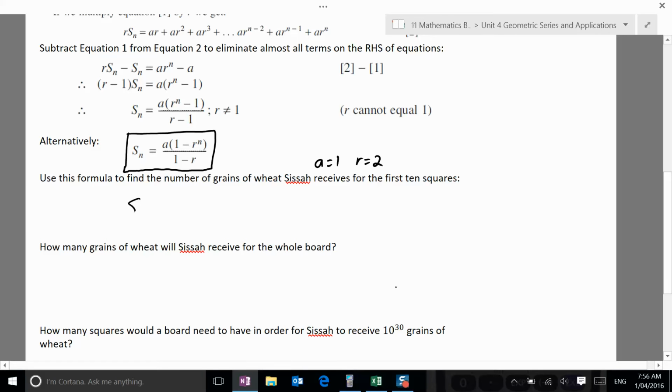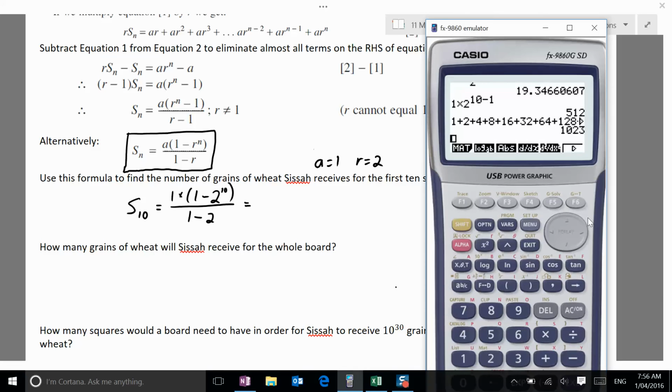So let's have a go at finding S10 using this formula: 1 times 1 minus 2 to the power 10, divided by 1 minus 2. I'll go to my calculator and put all this in. Probably need some fraction action.